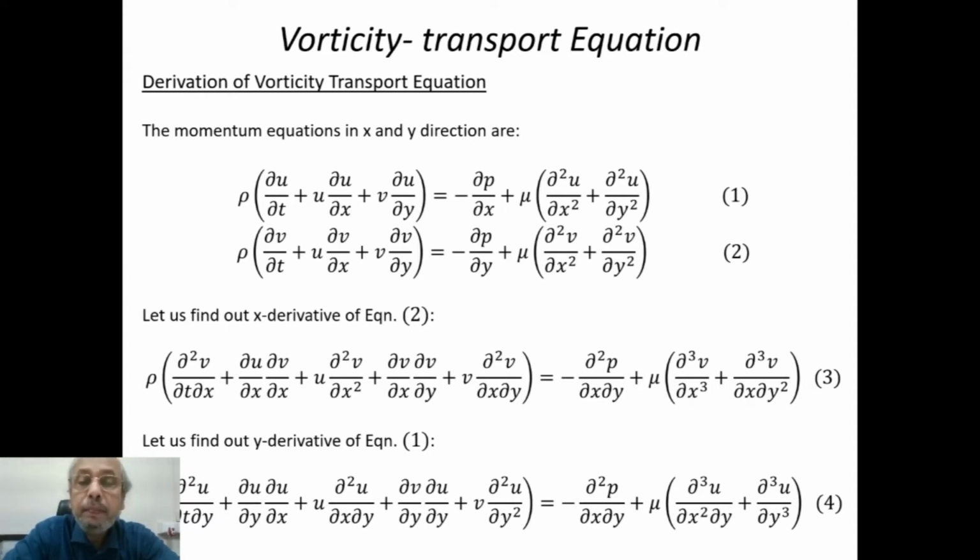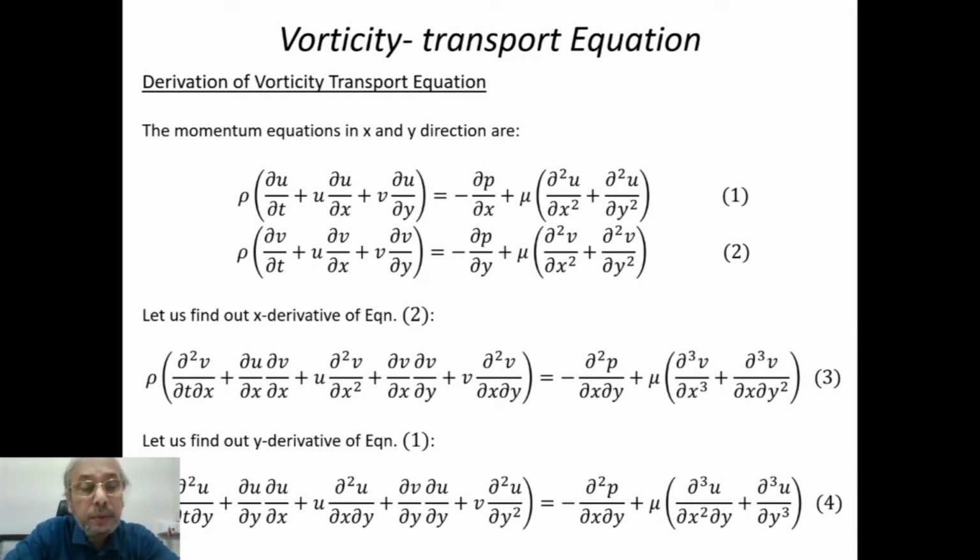We can see we have written full Navier-Stokes equations in 2 dimensions. Equation 1 is the x direction momentum equation and equation 2 is the y direction momentum equation.